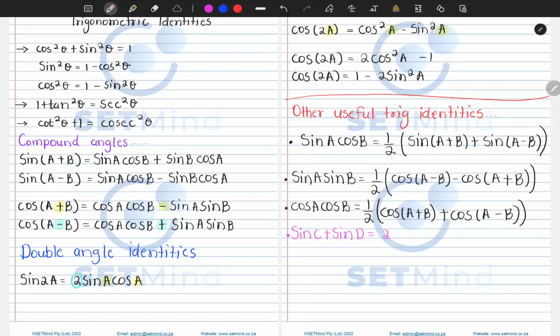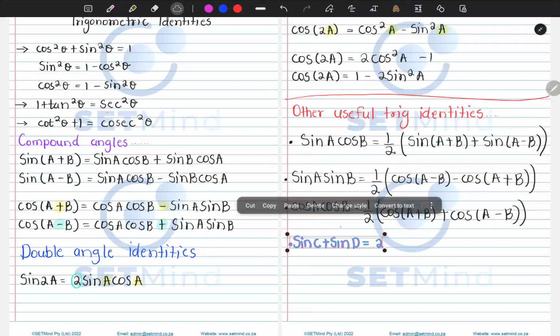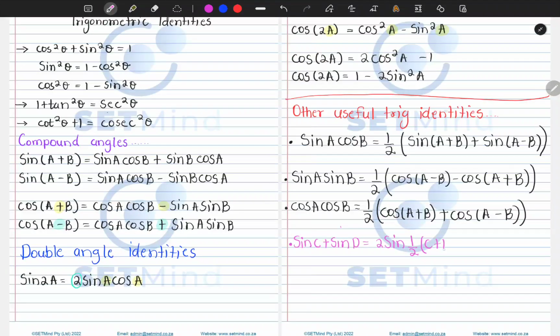This just becomes 2 multiplied by sine of half the angle c plus d, and then multiplied by, sorry, this is cos, half the angle of c minus d, like that.